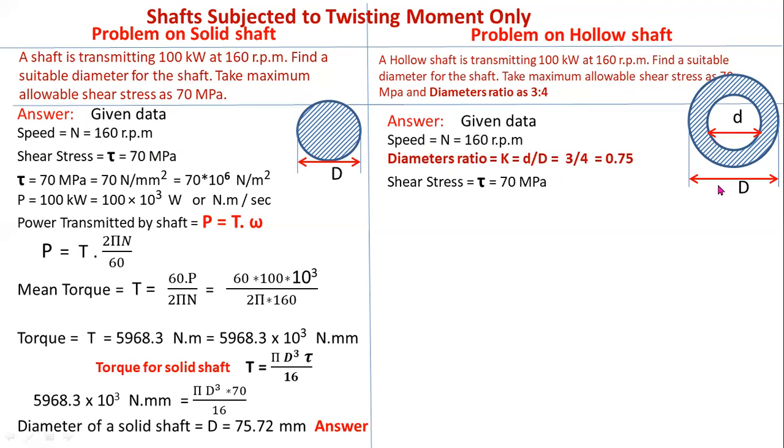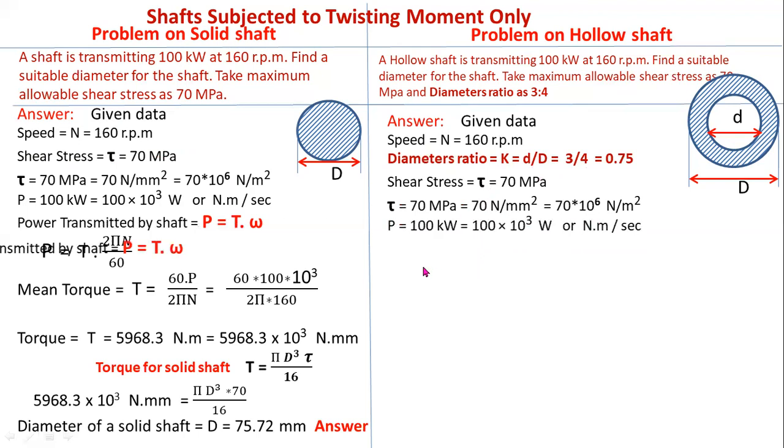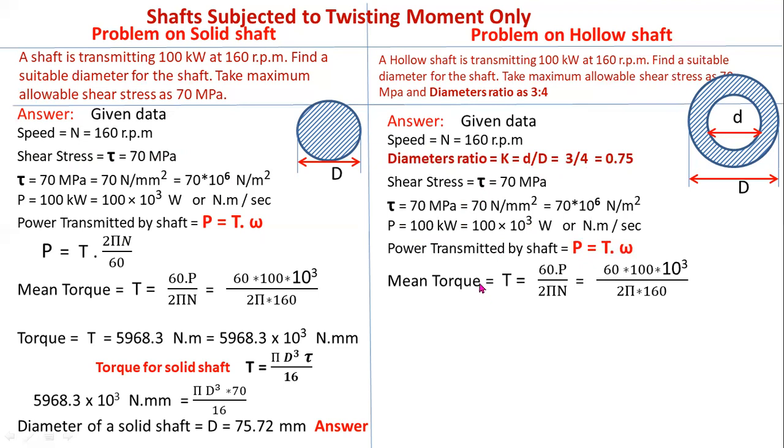Inner diameter is small d, outer diameter is capital D. So small d by capital D equal to 3 by 4 equal to 0.75. Remaining values are the same. So the torque is also the same for a solid shaft and hollow shaft. In both cases the power P equal to T into omega is the same.